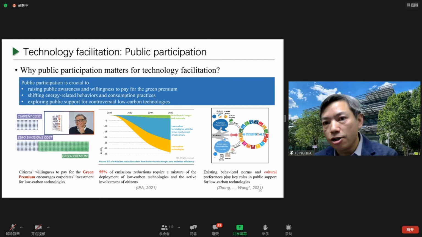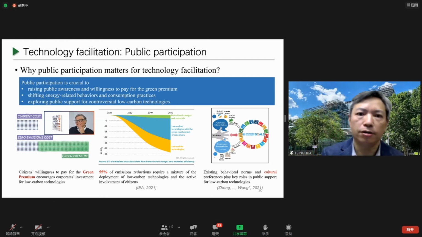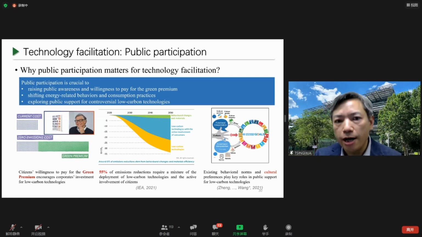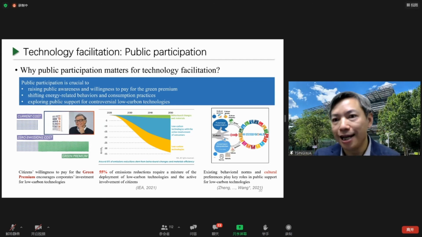For example, installing a solar water heater or buying an electric vehicle. A final 8% of emission reductions stem from behavioral changes and material efficiency gains that reduce energy demand. For example, flying less for business purposes.